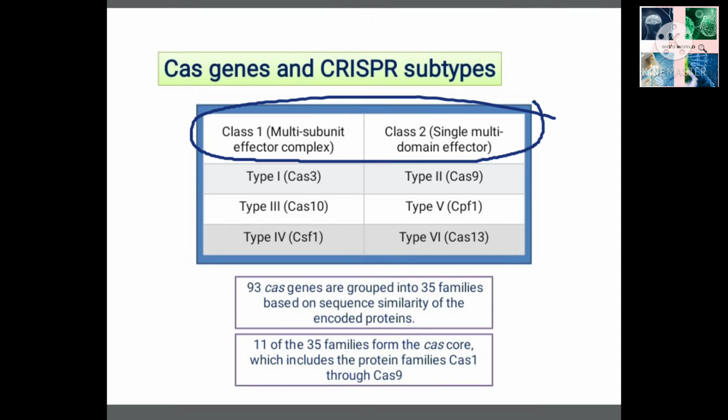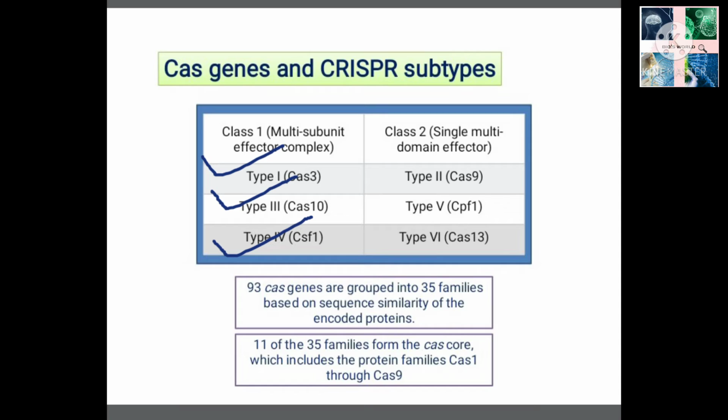Class 1 systems mainly use a complex of multiple Cas proteins to degrade nucleic acid. Class 2 systems mainly use a single large Cas protein for the same purpose. Class 1 is divided into types 1, 3 and 4, and Class 2 is divided into types 2, 5 and 6. These 6 types are divided into 19 subtypes.